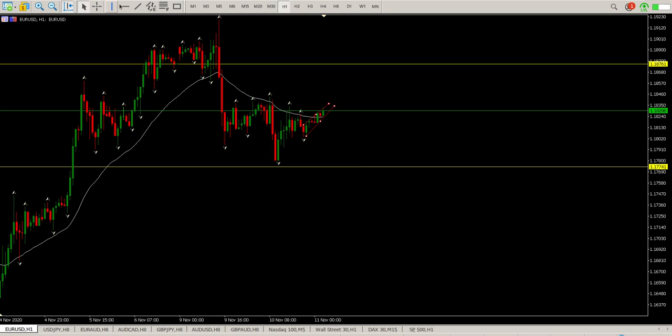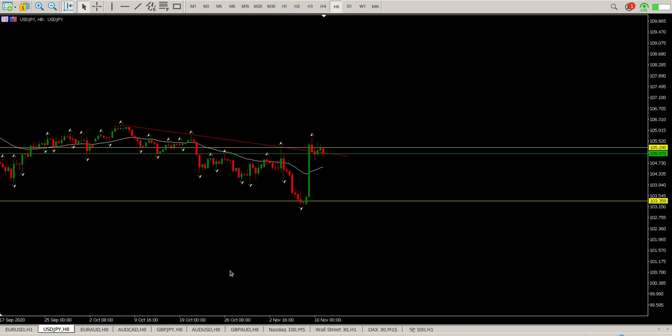If we get above that area, there is potential for a long, but look how close this level is here. So for me, it's sit on hands for the euro dollar at the moment.